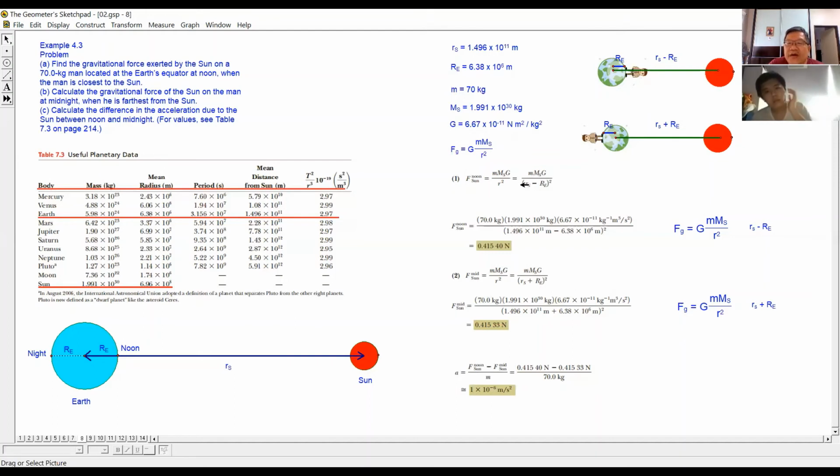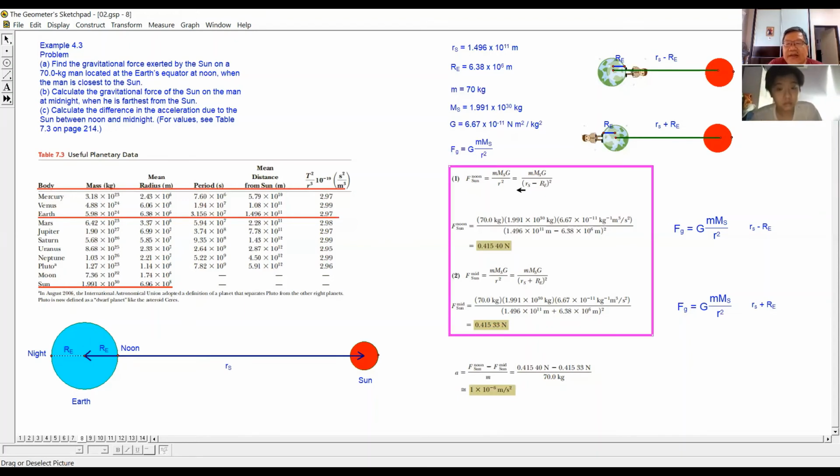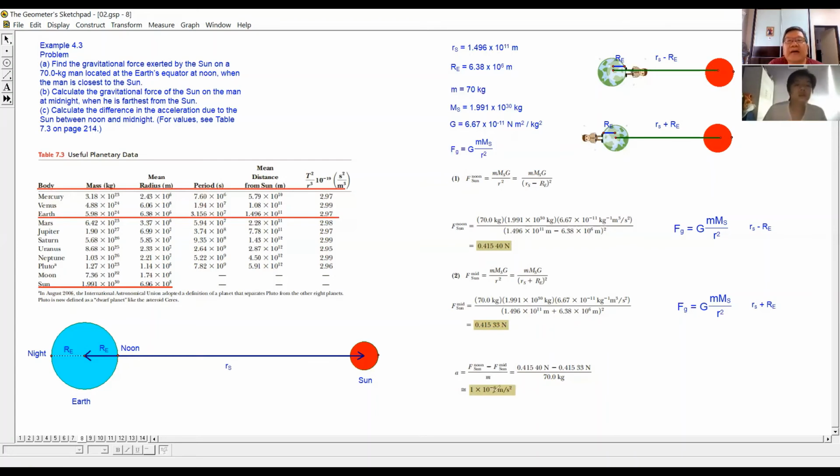So it's GMm over R square. The mass of the man is 70 kilogram. The mass of the sun is 1.991 times 10 to the power of 30. This is the universal gravitational constant.